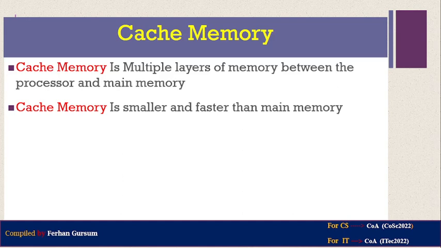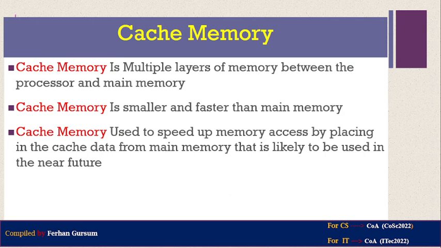Cache memory is a multiplier of memory between the processor and the main memory. Cache memory is smaller and faster than main memory. You have to know this, okay?